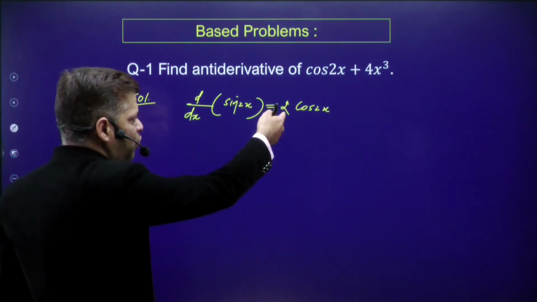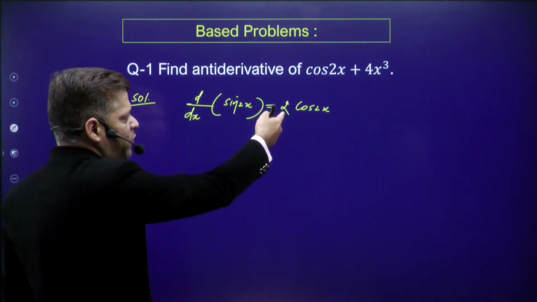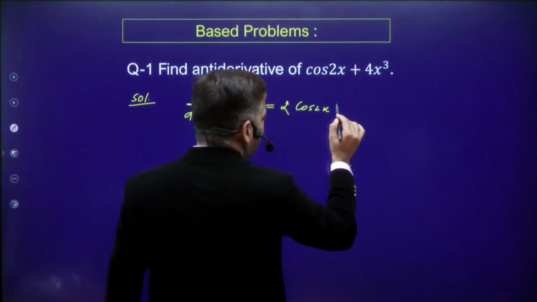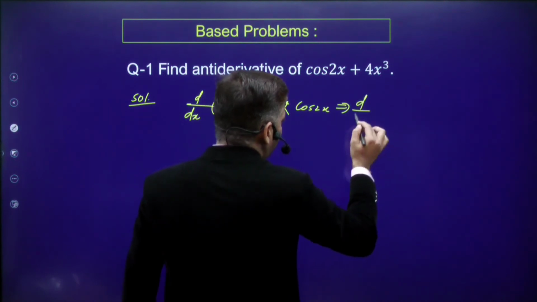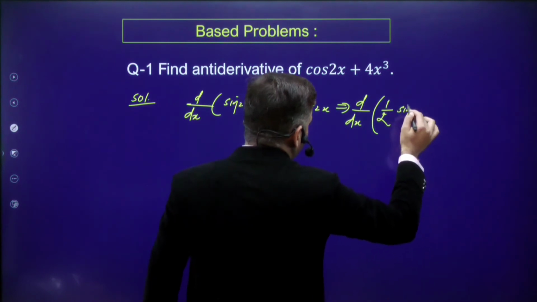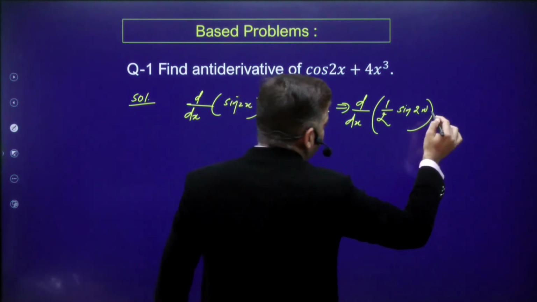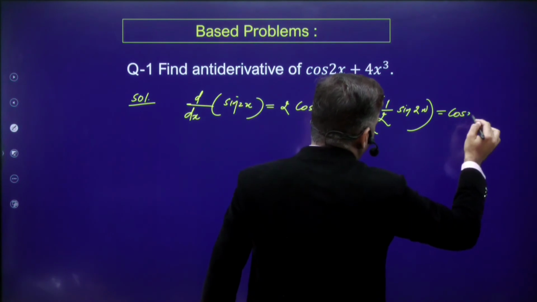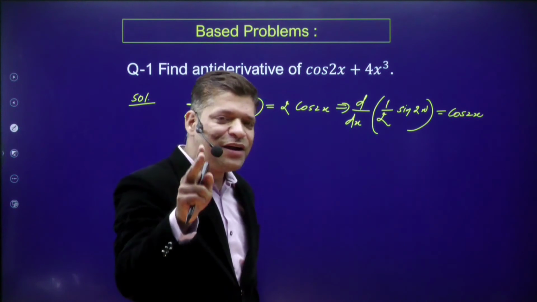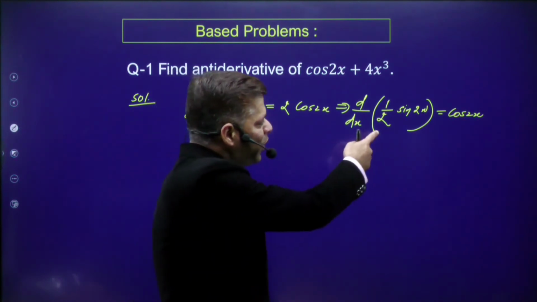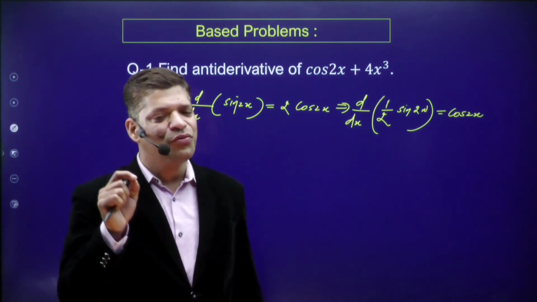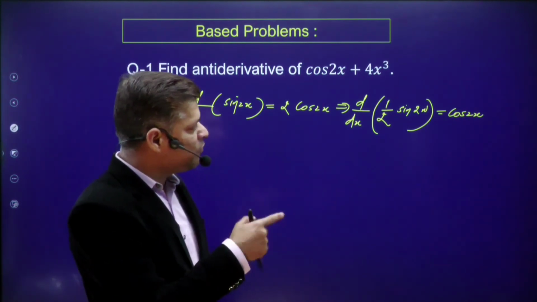So we will take 2 to the left hand side, where it will divide. It converts to d by dx of 1 by 2 sin 2x equals cos 2x. That is, by the standard definition, 1 upon 2 sin 2x is an antiderivative of cos 2x. So cos 2x antiderivative we found.